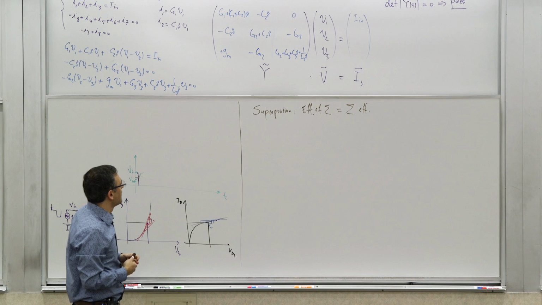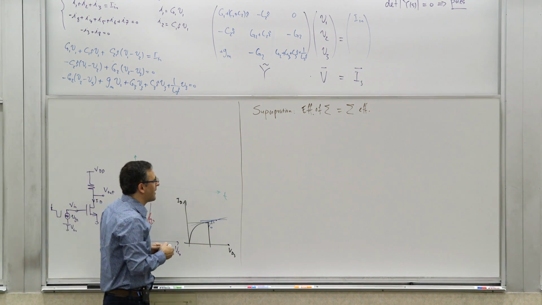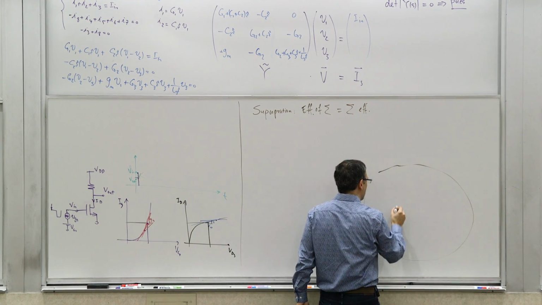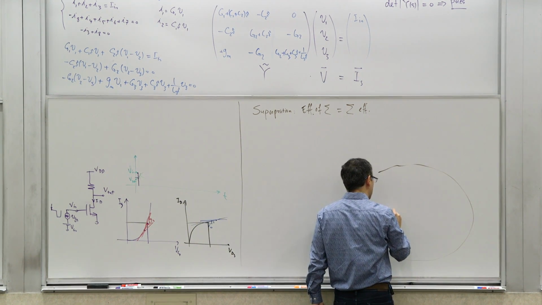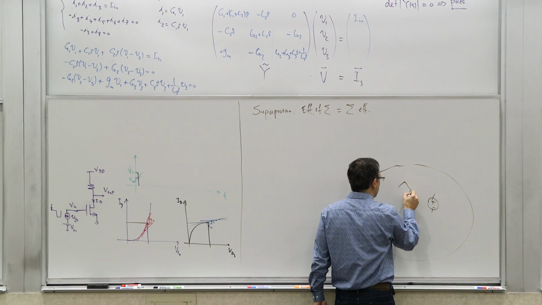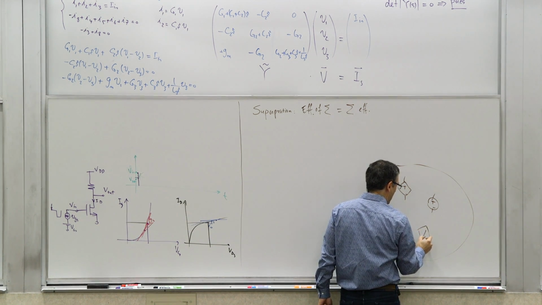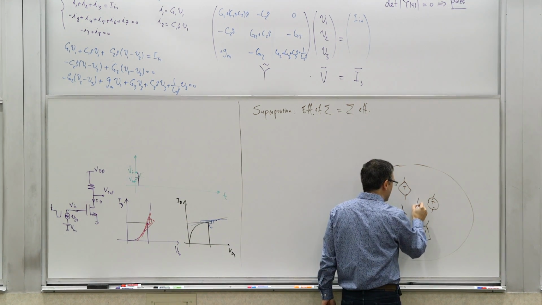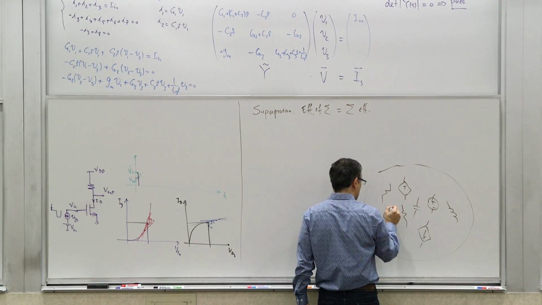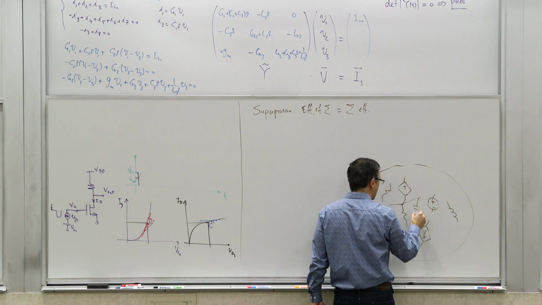So how is it applied in circuits? Again, to refresh everyone's memory, you may have a network with a bunch of current sources and voltage sources and dependent sources of varying kind, and elements, capacitors, inductors, resistors, whatever, all connected to each other somehow.